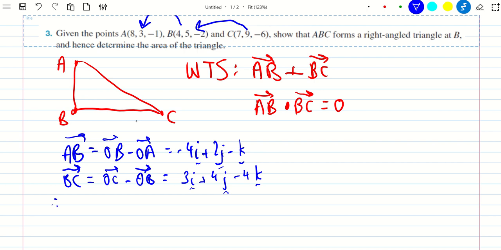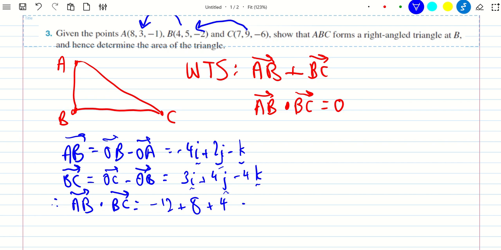So let's do that. Therefore AB dot BC is equal to, so negative 4 times 3 is negative 12. 2 times 4 is 8. And negative 1 times negative 4 is plus 4. Negative 12 plus 8 is negative 4.